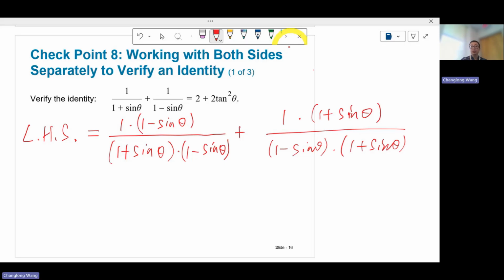Let me also color them. You can see exactly the reasoning behind swapping denominators and multiplying them. So I multiply the first fraction, both the top and bottom, with the factor 1 minus sine squared. Oh, sorry, 1 minus sine. That's because this is the second denominator we saw over there, right?